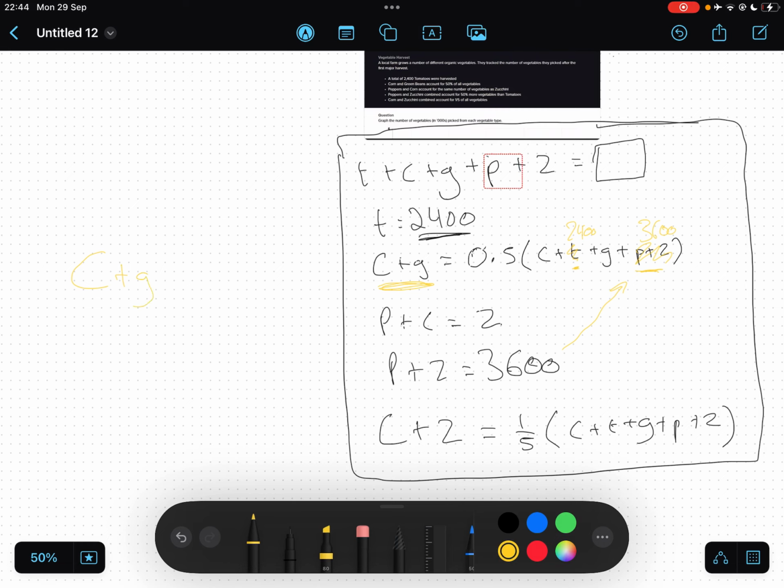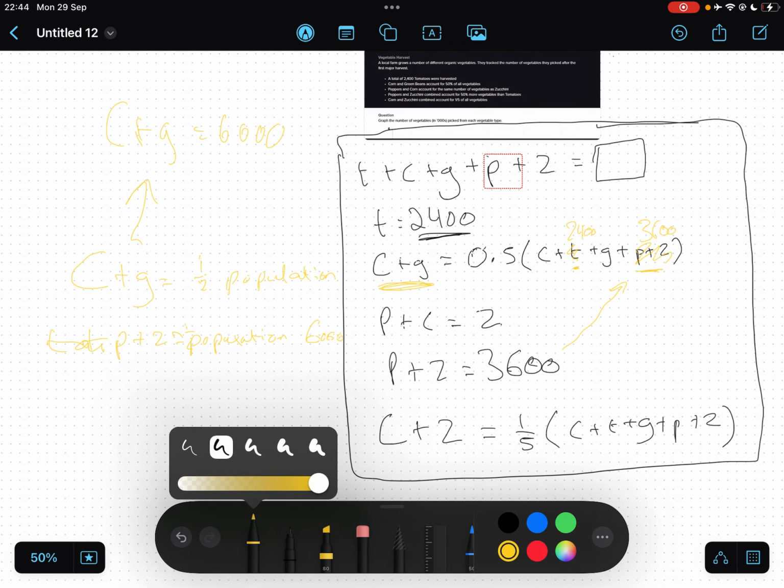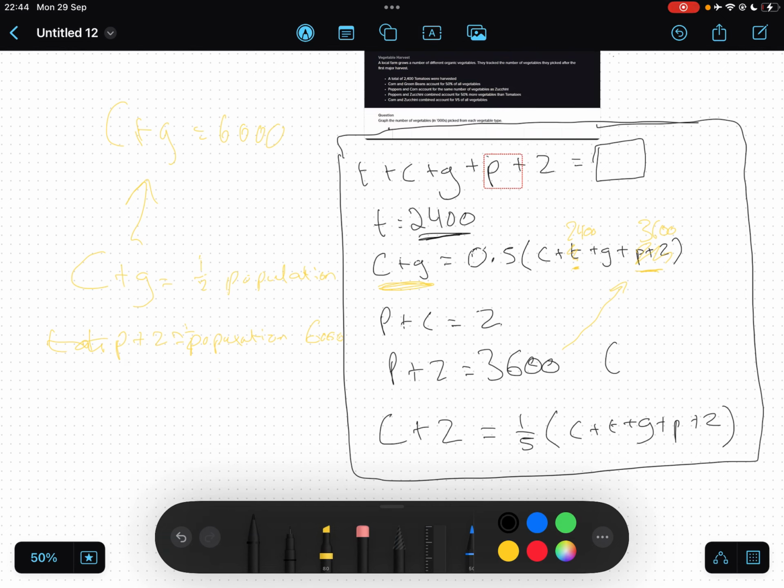So if C plus G is half the population, that means T plus P plus Z is the other half of the population. Because this is 6k, that means C plus G is also 6k. So that's another equation to put down: C plus G equals 6k.